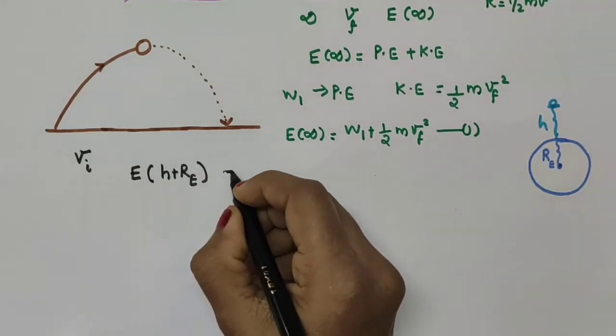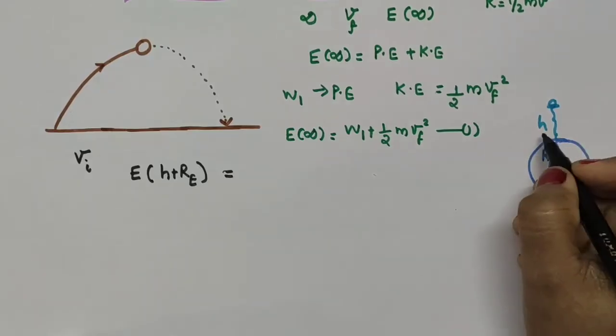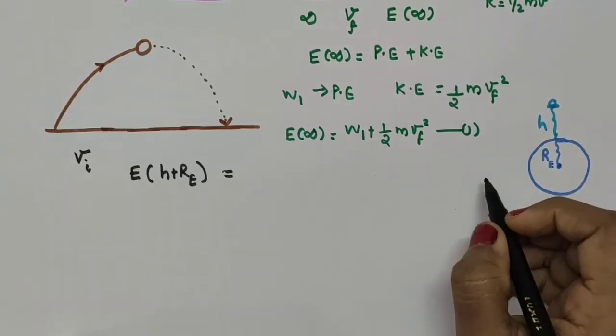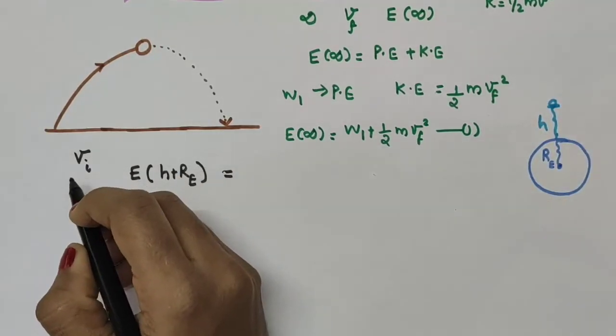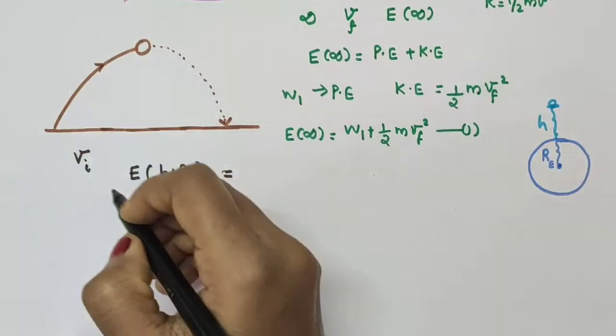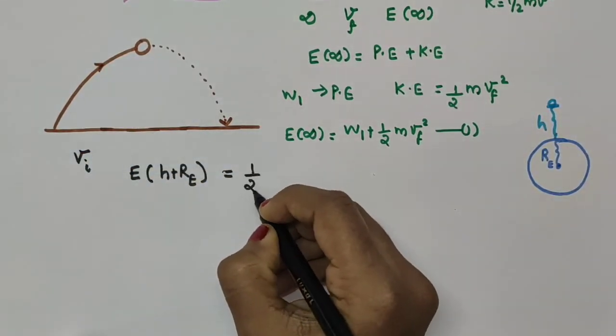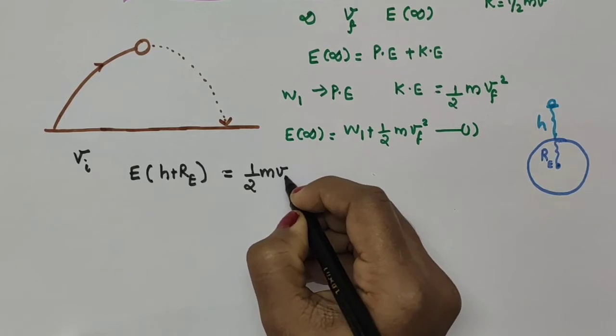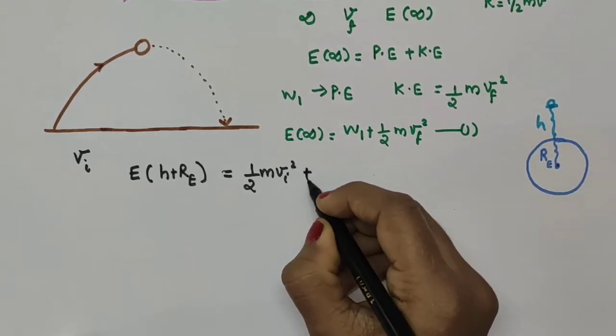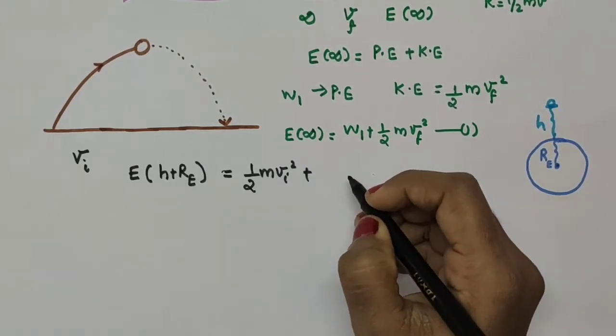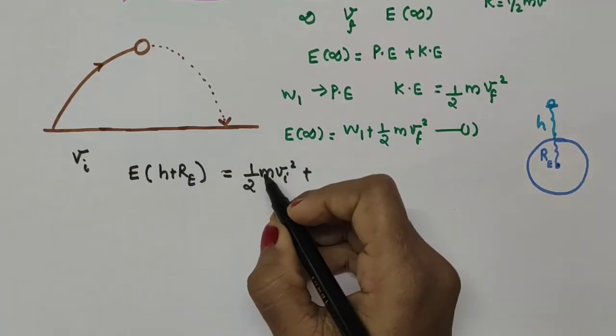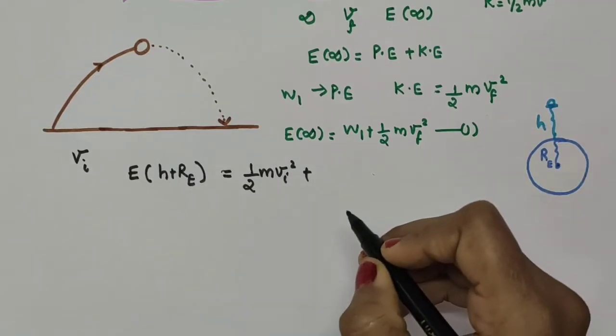So E of h plus re is equal to initial kinetic energy plus initial potential energy. Now, vi is the initial speed of that object, so its initial kinetic energy will be equal to half into m into vi square. Now what about the initial potential energy?